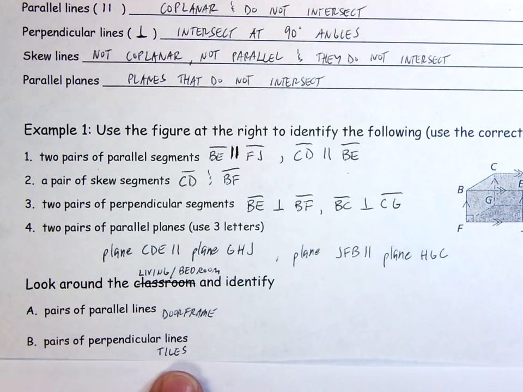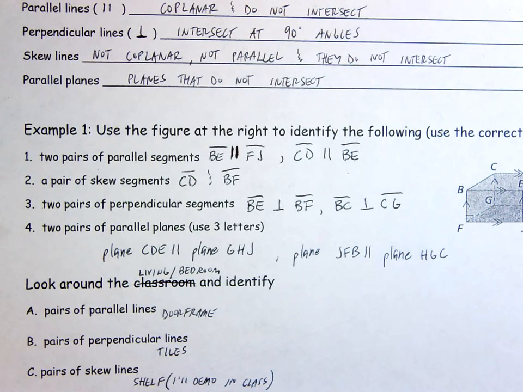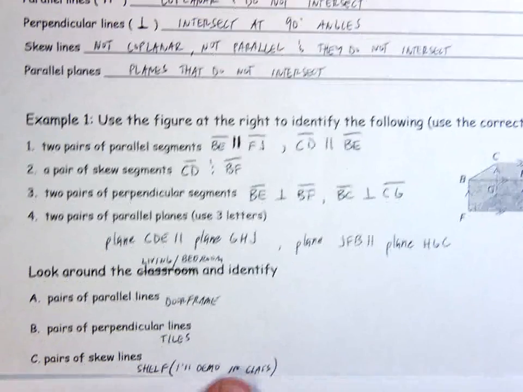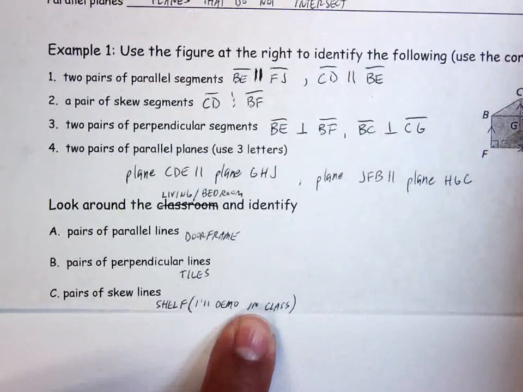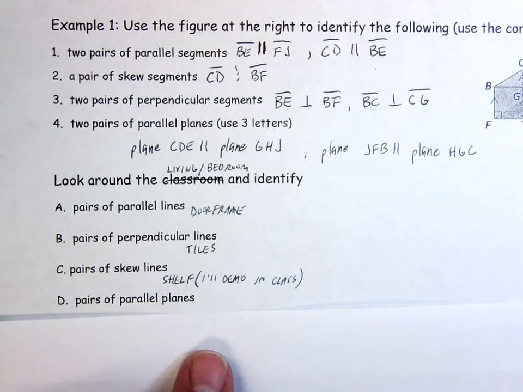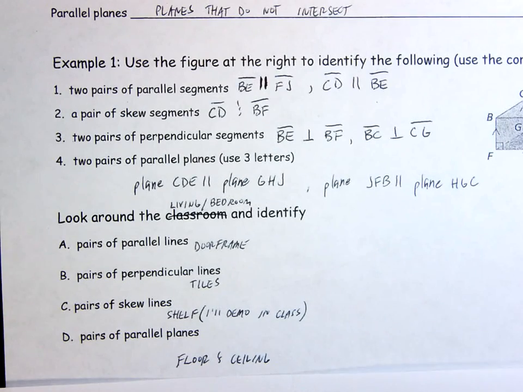And skew lines, a shelf. Again, I'll demo that in class. If you're not understanding exactly what it means to be skew, I'll demo it in class. Parallel planes, floor and ceiling. Okay, backside. New stuff.